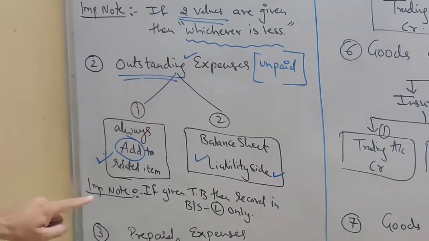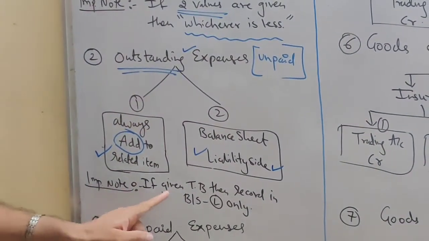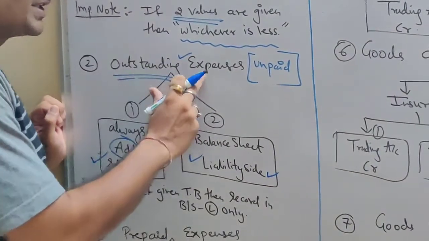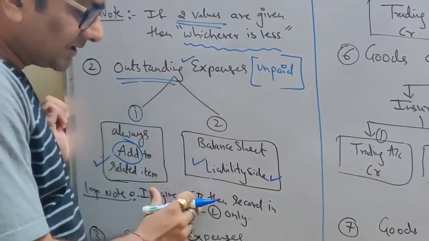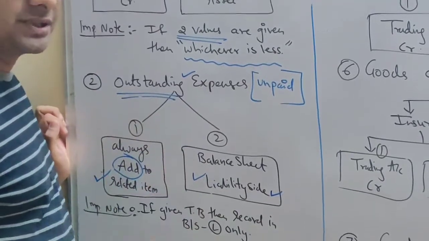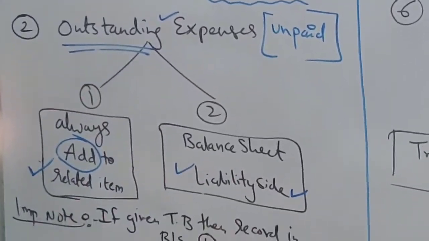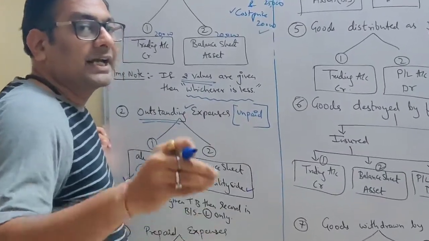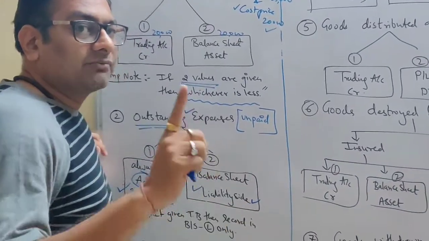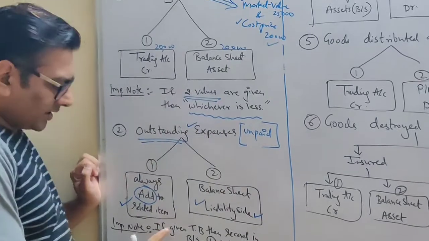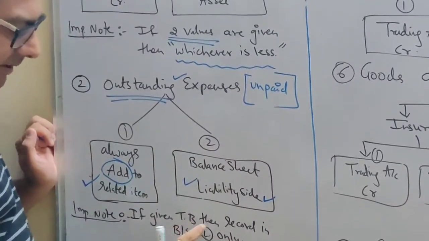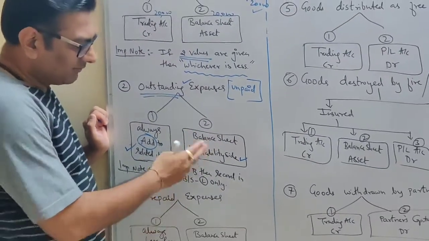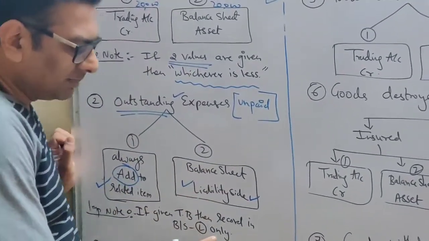Now, important note. It may happen that in the exam, they may give you outstanding wages in the trial balance. Now, as I explained just before two minutes, if anything is inside the trial balance, it is already recorded once, and therefore you will write only once. So if it is given inside the trial balance, then record it only once. Which side will you record? Balance sheet liability only.